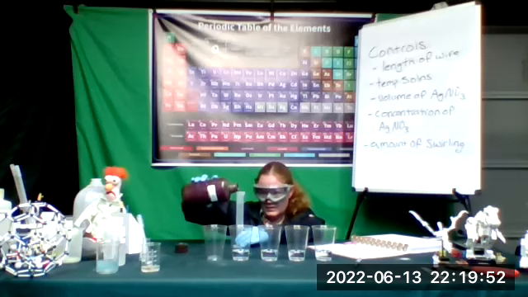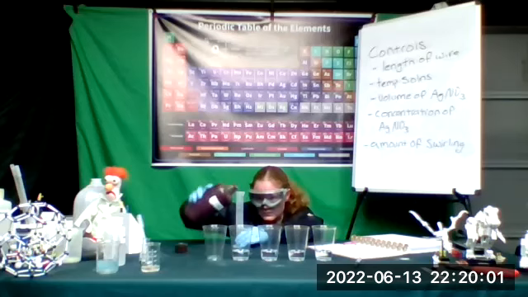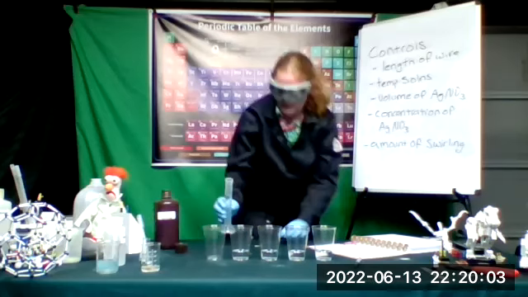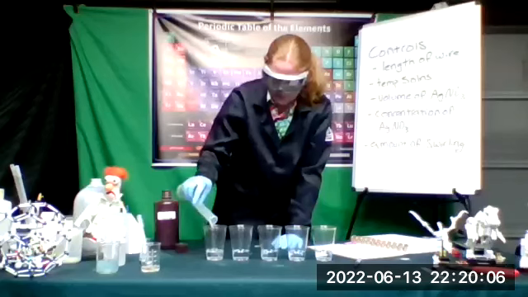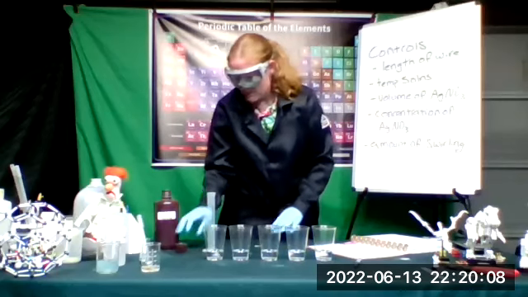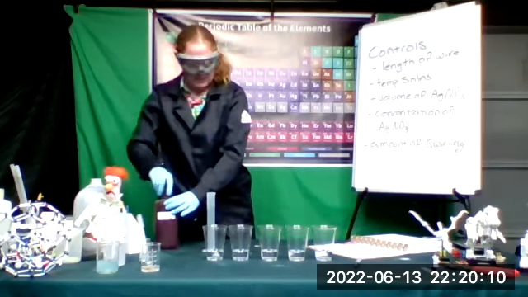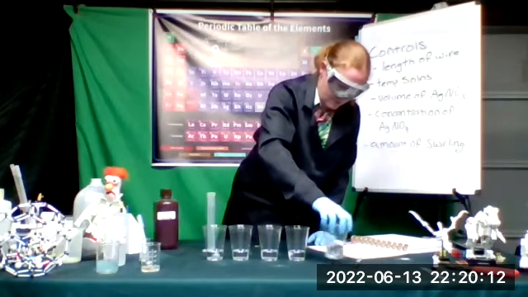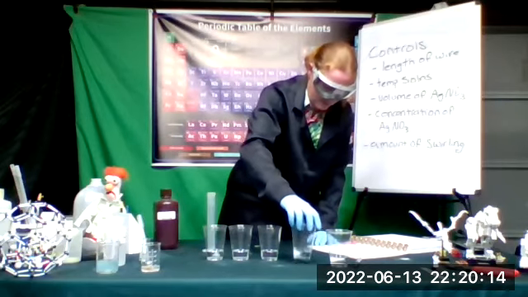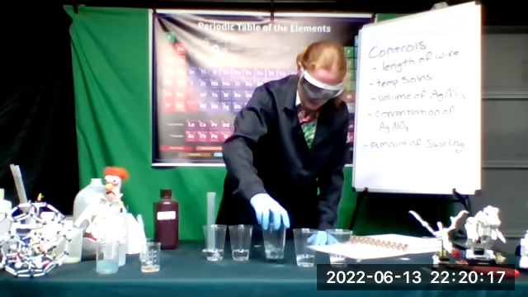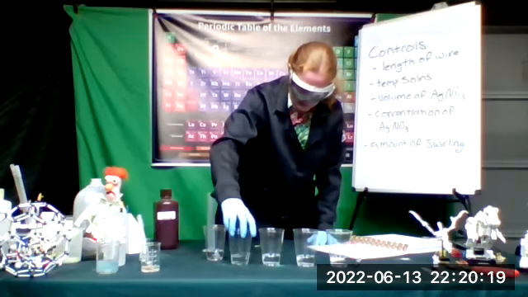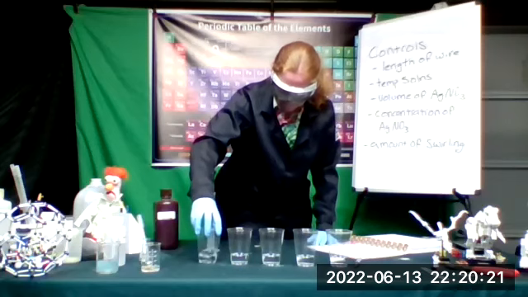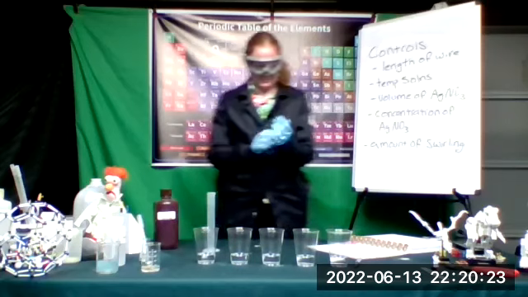And last but not least, there is my fifth one. Okay. So now I'm going to give each one 3 swirls just to get it started. And now I can let them sit.